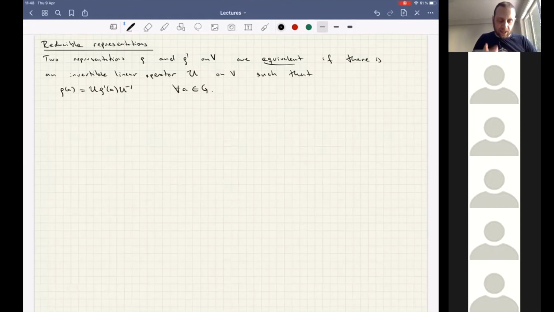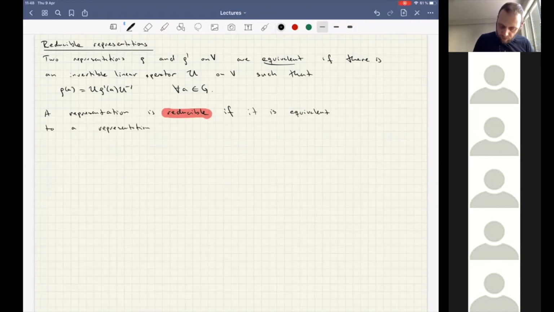Now, we say that a representation is reducible, the keyword being reducible here, if it is equivalent to a representation of the following form.